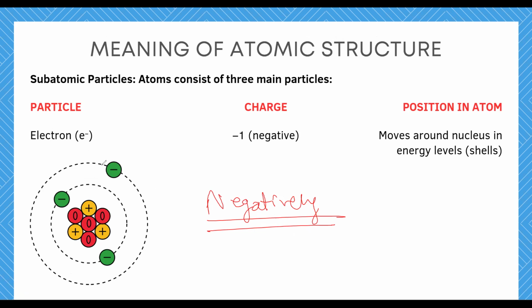You can see these green balls that have minus signs written on them. They are the ones called electrons, and they are negatively charged. Where is their position? They are moving around in energy levels, also known as shells, in an atom.